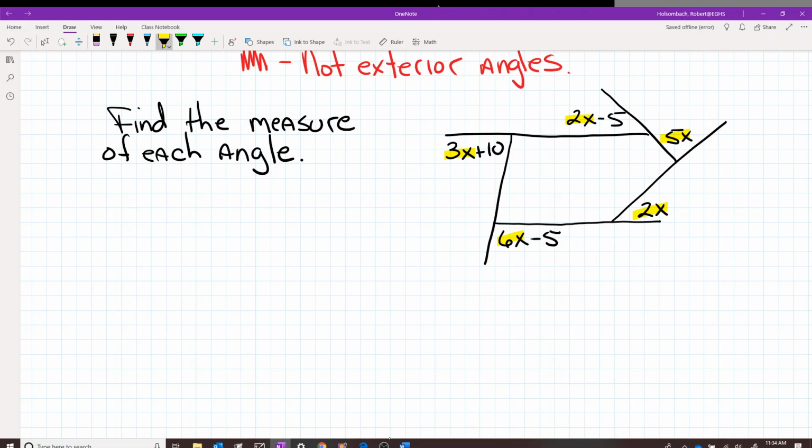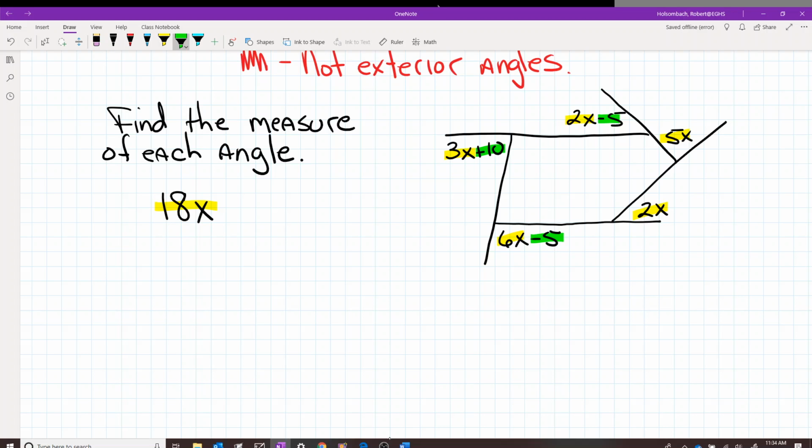That's 9 and 9, so you've got 18x. And if you combine the whole numbers, you have negative 5 plus 10 minus 5.